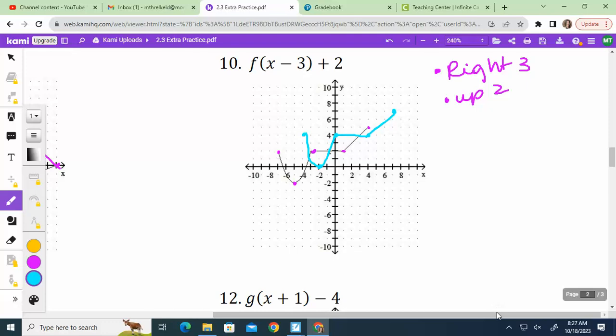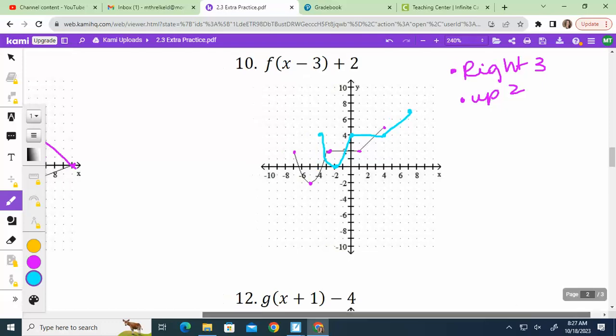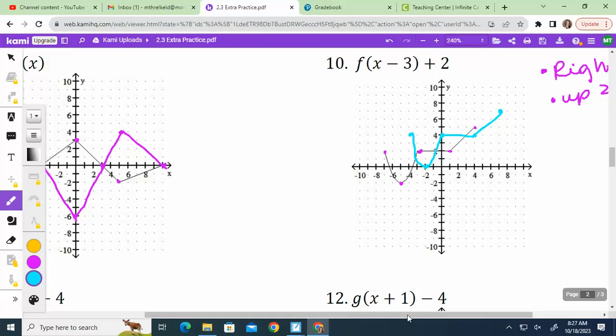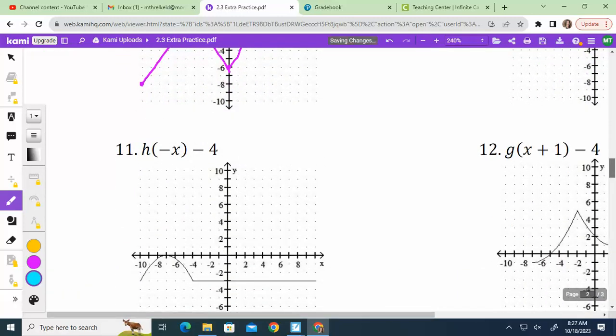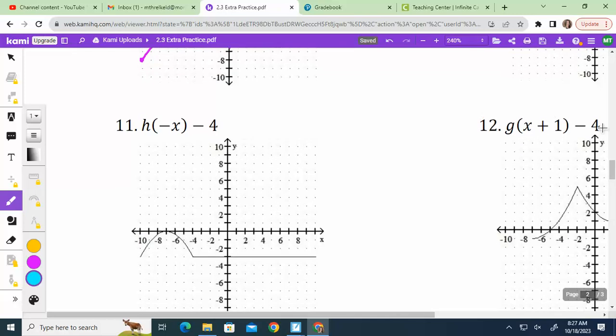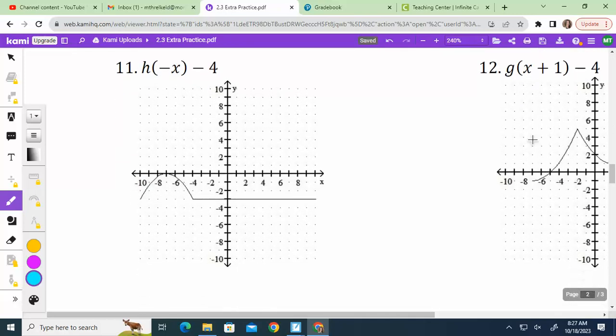Is that good? This one, what are we going to be doing to our graph? Flip over the y-axis. So take some nice points.